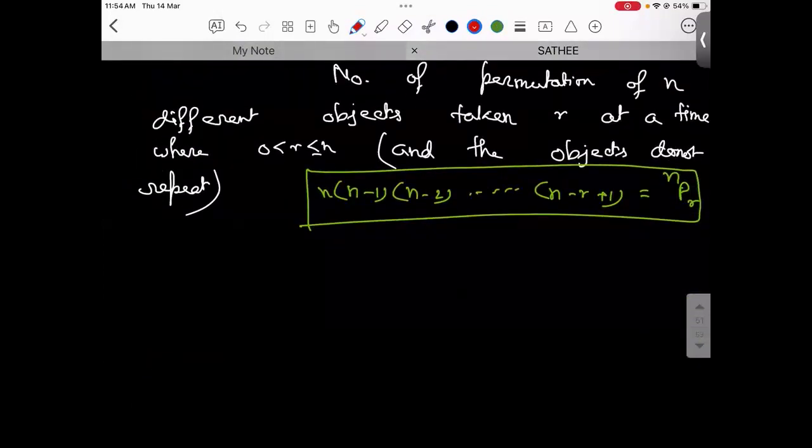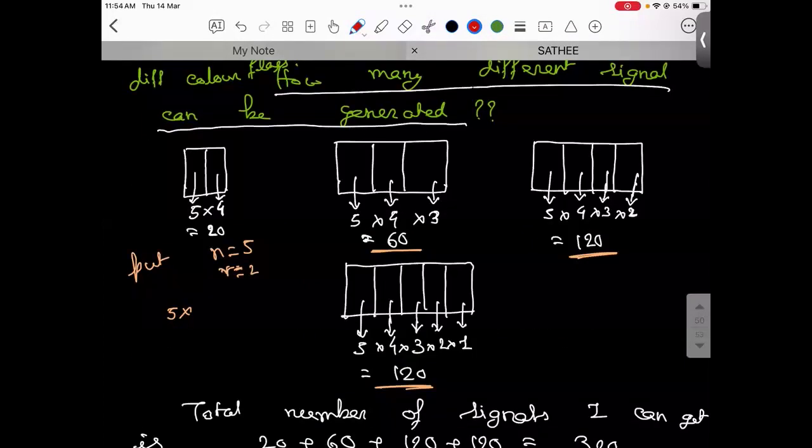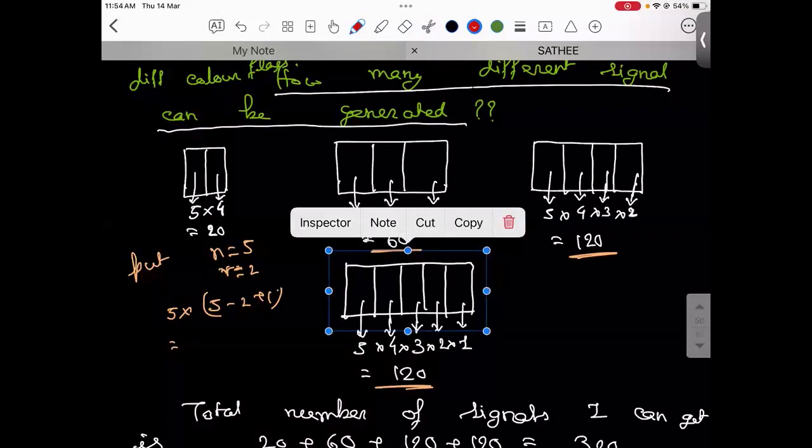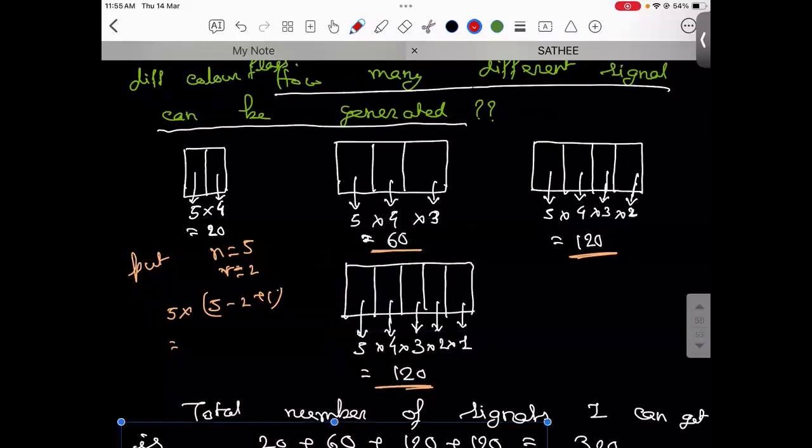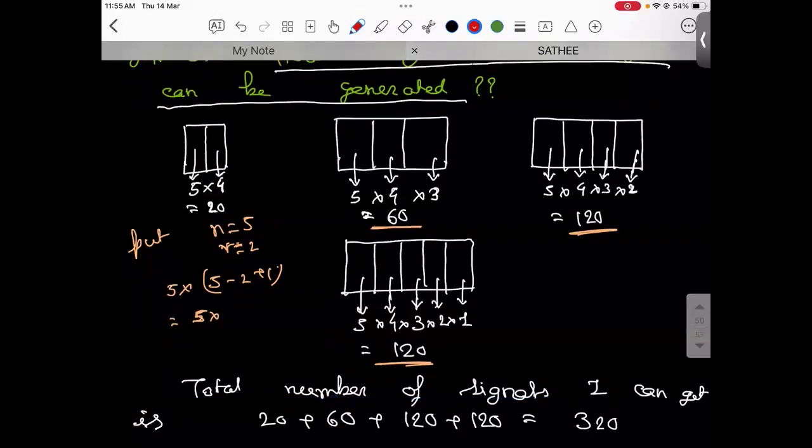Then how far do I have to go? n minus R plus 1, that is 5 minus 2 plus 1. So I am getting 5 into 4, since 5 minus 2 is 3, 3 plus 1 equals 4. So we get 20.